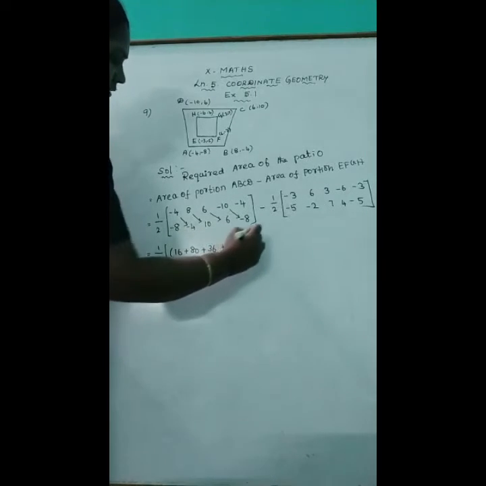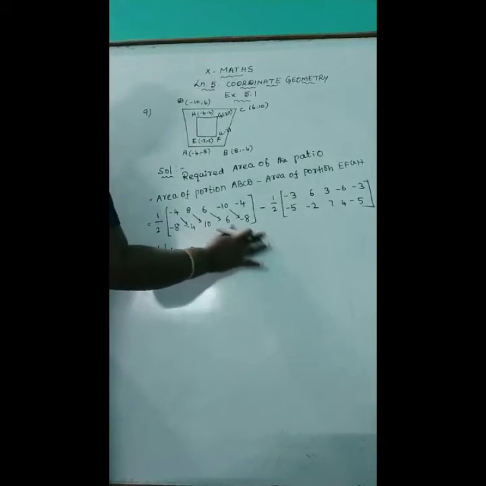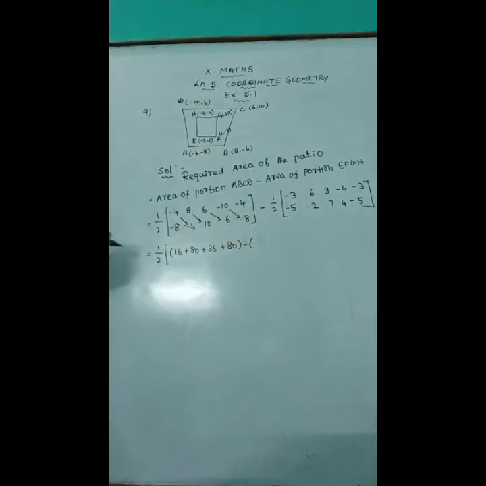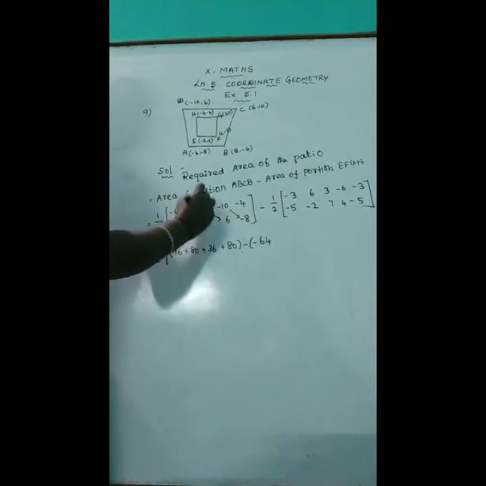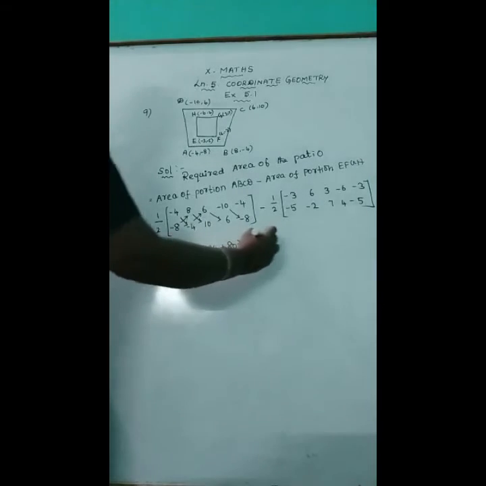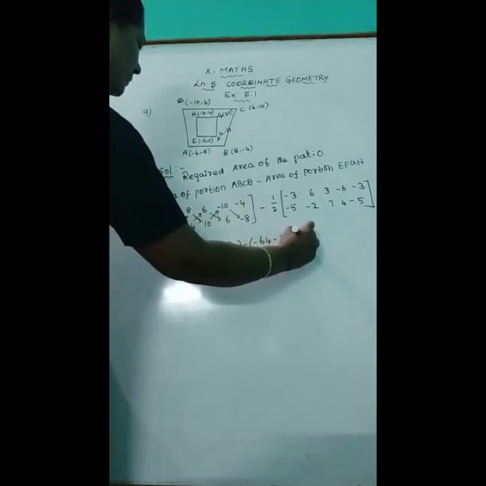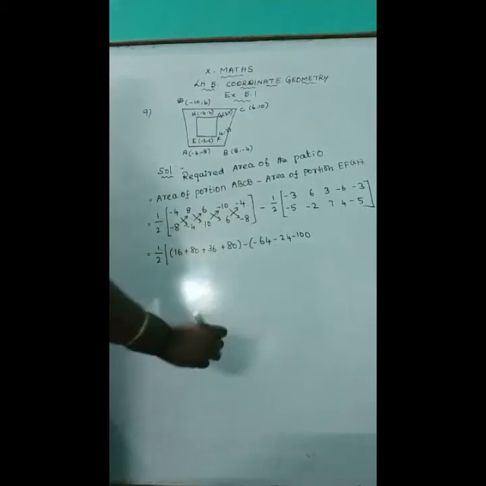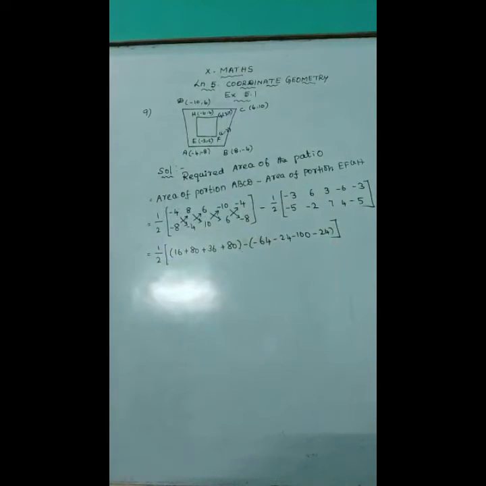Then minus of the upward arrow products: 8 8s are 64, minus 64, then 6 4s are 24, minus 24, then 10 into -10 we have -100, then 6 4s are 24, minus 24. This is the area of the portion ABCD.